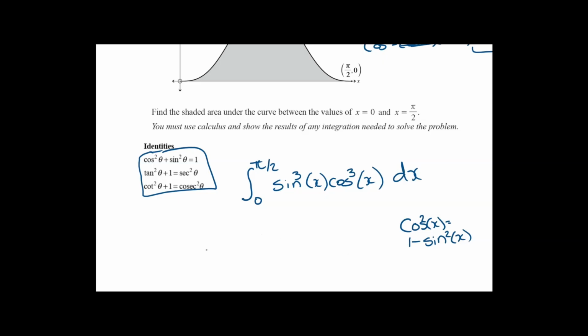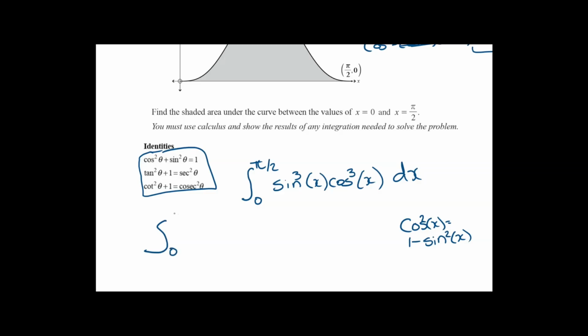Now, we want to do a new substitution. I'm going to let u be equal to sine x. And you'll see why I chose sine of x, particularly when I put this cos x by itself. Let's rub that out. We'll continue this a little bit later. So I'm going to rewrite that with this involved.